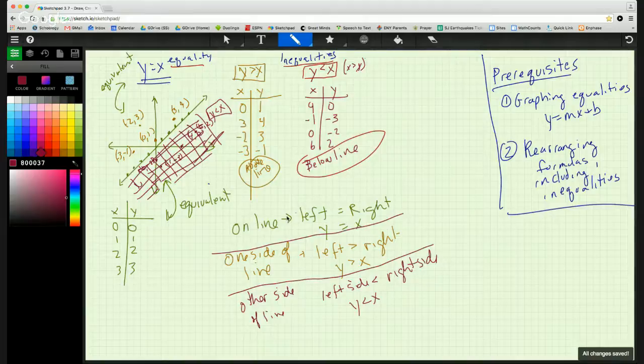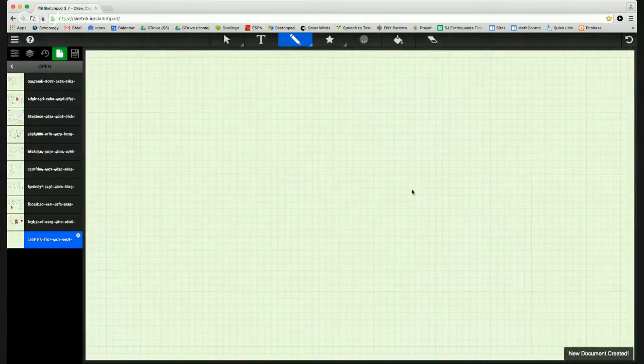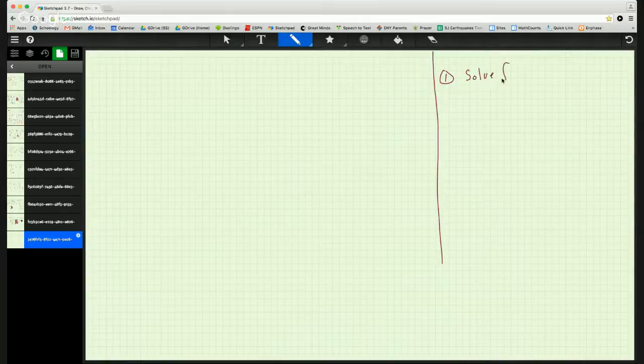Okay, now that we've learned how to do this, we're going to have a more formal method for graphing inequalities. And let me do that for you now. So we'll make a new page, and we're going to formally graph using a set of steps that you can write down. So the steps are, 1, we solve for y. This is how to graph an inequality.